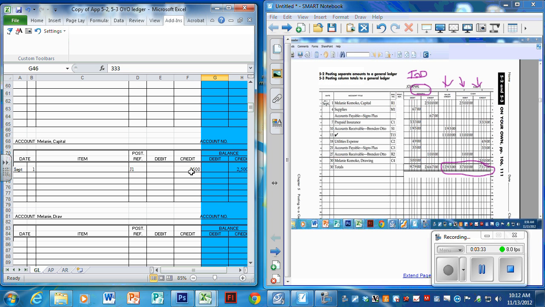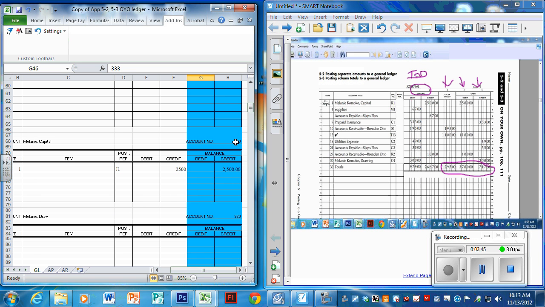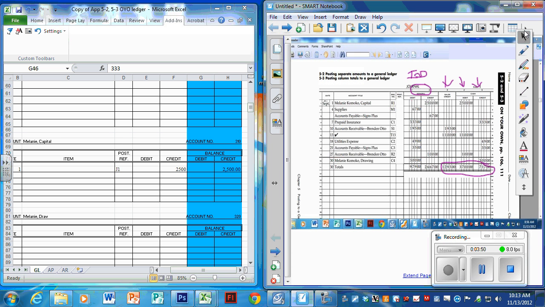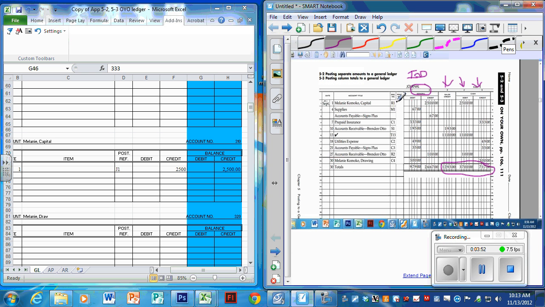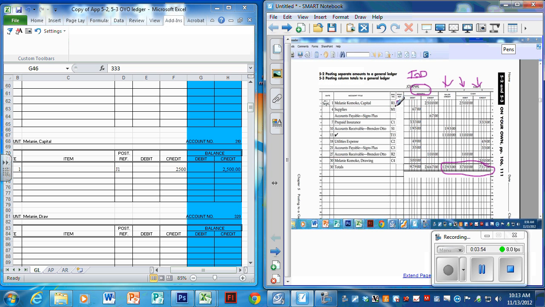We post the credit of $2,500 and we calculate the balance. There was no beginning balance, so 0 plus $2,500 is a $2,500 credit balance. Take the account number 310 and handwrite it in on your journal.